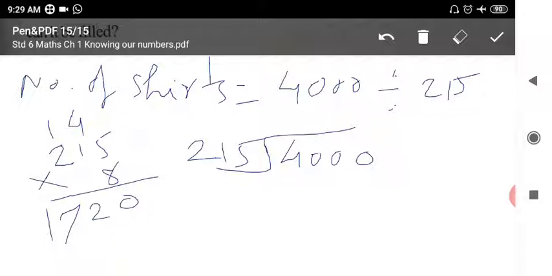So here we get the answer 1720, but we require here 215, so that is much more. Okay, we'll come back. We require 400 here. I have taken 8. So this way you can identify what we have to do.